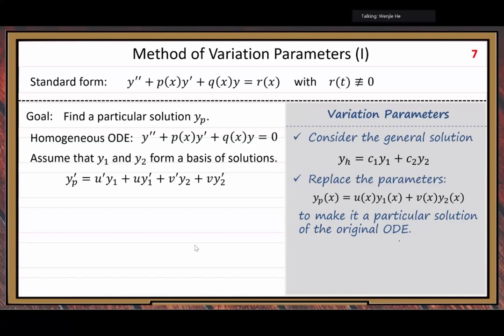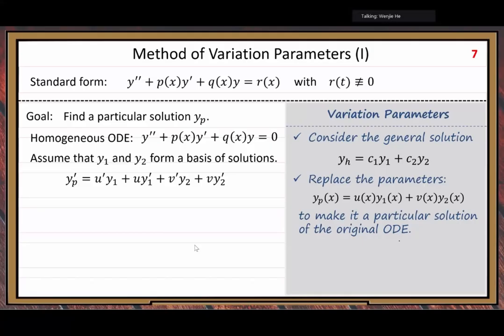So here, that's yp. How about yp double prime? We need to calculate yp double prime, right? Is this scary? Calculating another round of derivative on this representation.